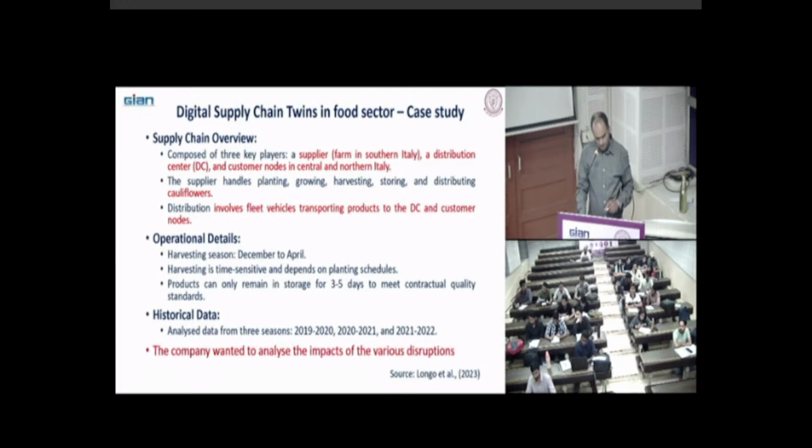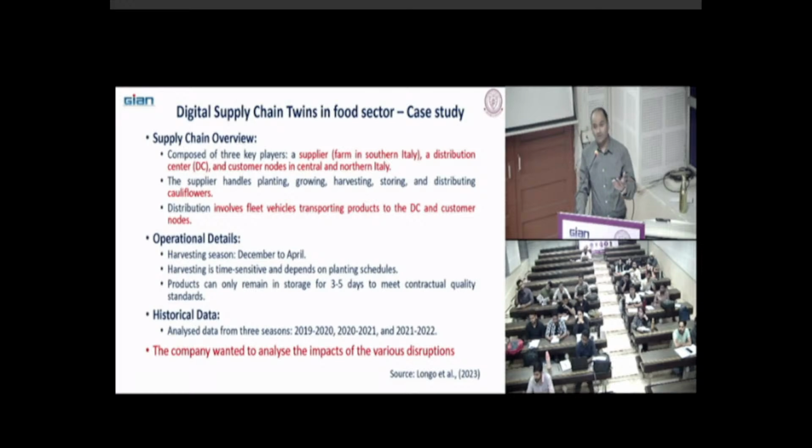The company wanted to analyze the impacts of the various disruptions, because the historical data falls in the COVID-19 period. There was a huge demand during the first and second lockdowns everywhere. So they wanted to analyze the impact of the disruptions. What happens, suppose you cannot harvest the crops because of labor unavailability?